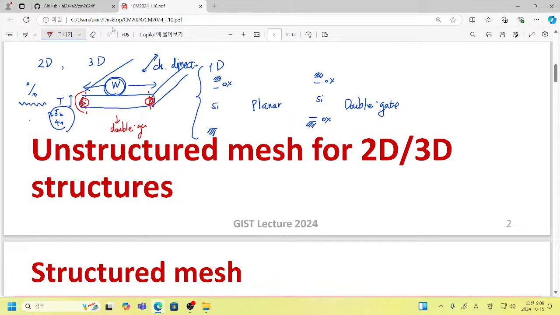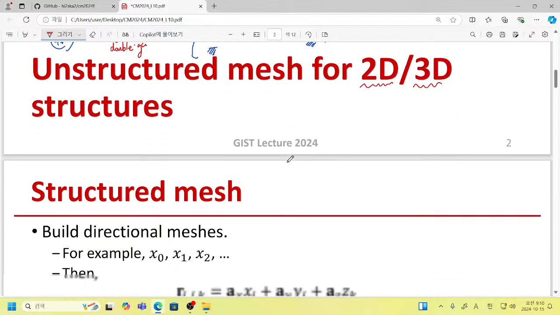Simply speaking, although we can do a lot of good work with the 1D description, the description of a two-dimensional or three-dimensional structure is really mandatory. So we cannot avoid the discussion about this multi-dimensional structure problem.